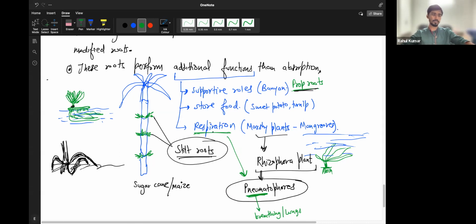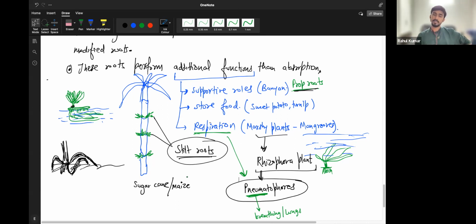Write down: pneumatophores are special roots that grow in plants living in swampy, marshy areas.